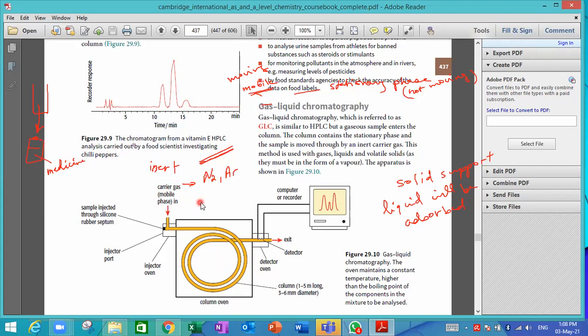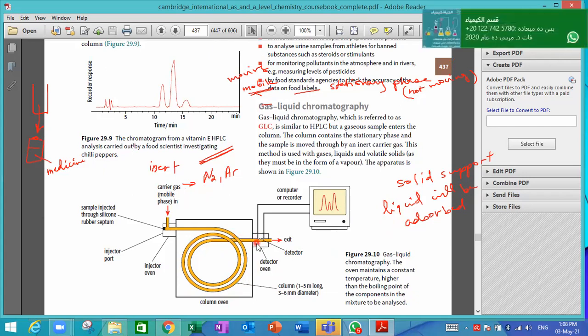And the separation will depend on whether our components or our solutes would like more to be moving with the mobile phase, which is the gas, or else to be absorbed at the liquid stationary phase. So if they are moving with the gas phase, they will come here.